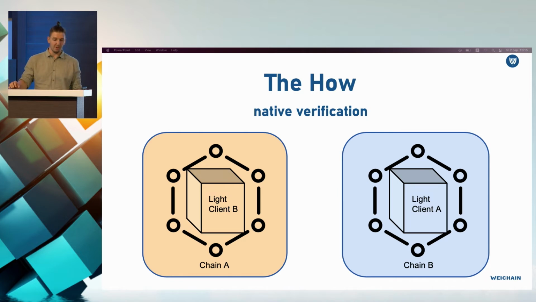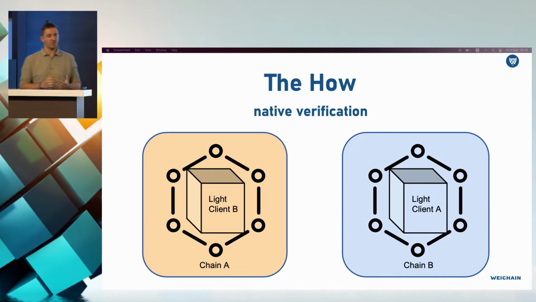So chain A has a light client of chain B inside its own virtual machine, and chain B has the light client of chain A. In a real world example, this means that every transaction between chain A and chain B is verified by the set of validators of the whole network.